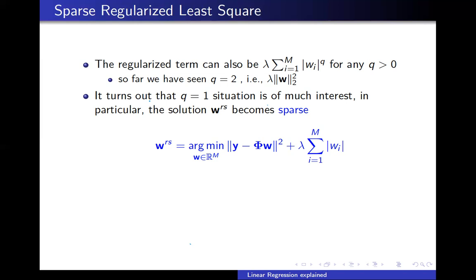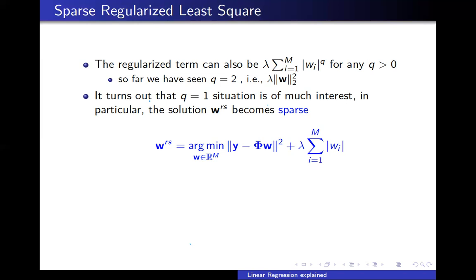Since we are taking a linear combination, this sparse solution dictates that when you take a linear combination of all the different features, only the features whose corresponding entries in W are non-zero are the ones whose linear combination best describes your data.